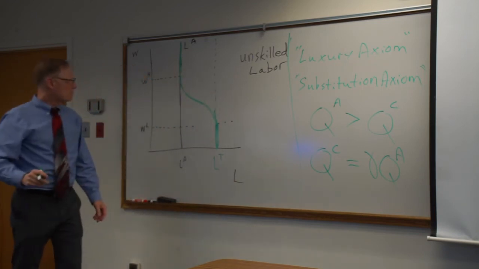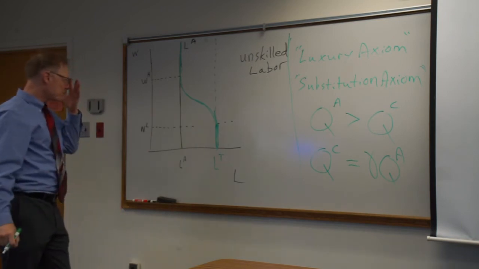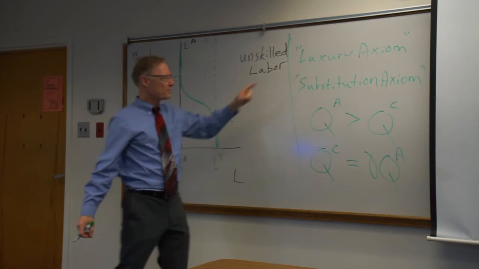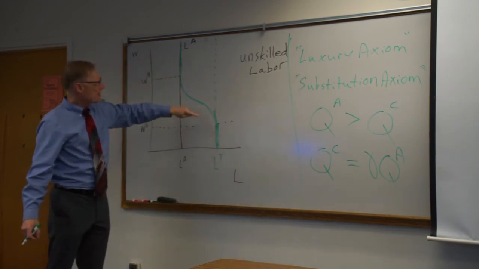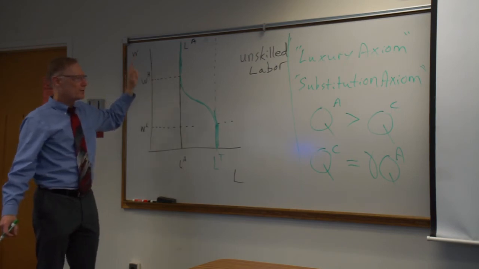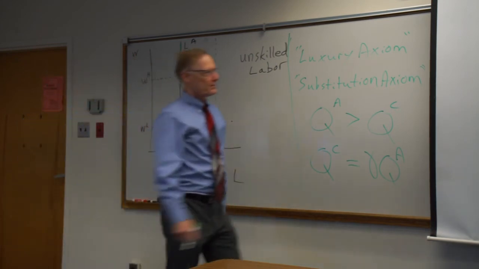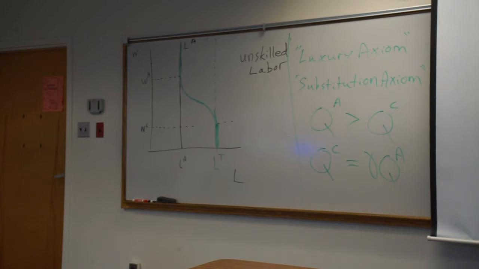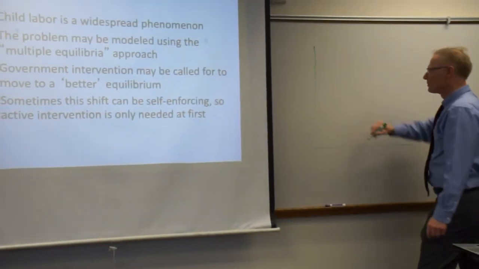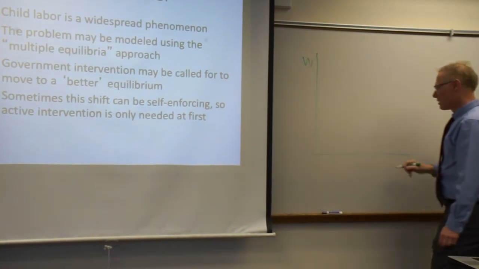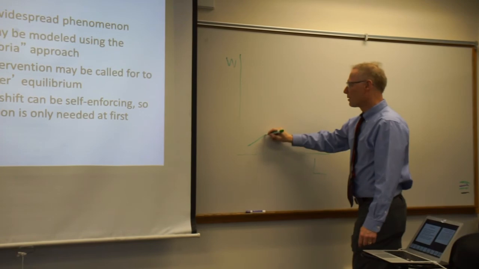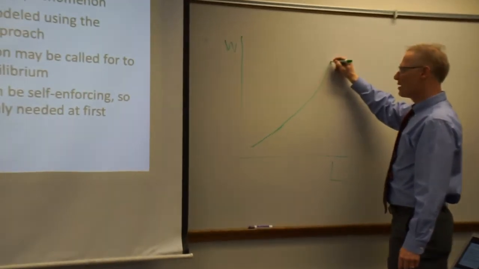But it comes from a couple of different sources. The key thing here is the luxury axiom. And what this is giving us is the backward bending supply schedule for labor. That is to say, in general, when we think about an individual, we think that as wage or income rises, labor supply is going to look like this.